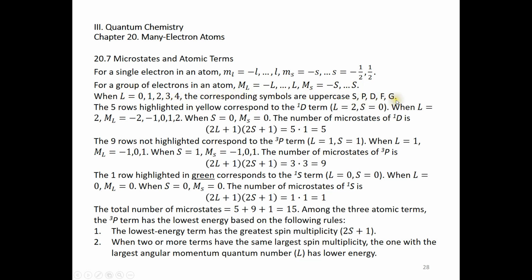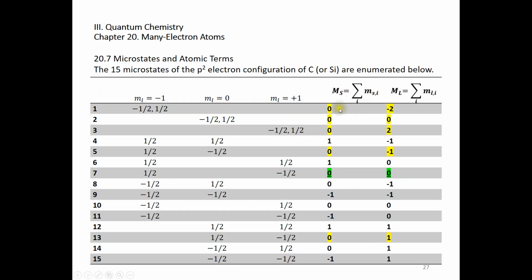The 5 rows highlighted in yellow correspond to the 1D term, with L equals 2, S equals 0. I'm going to get back to the previous page to show you the 5 rows, in which L is 2, S is 0. So 1, 2, 3, 4, 5. 5 rows. L is 2.